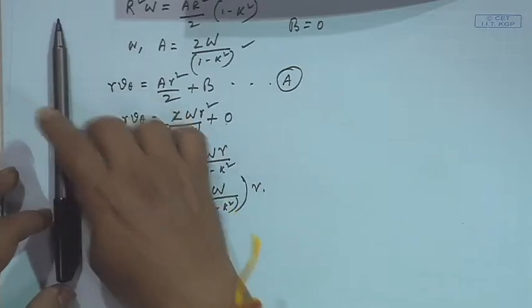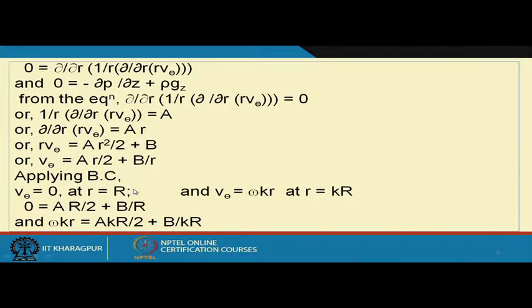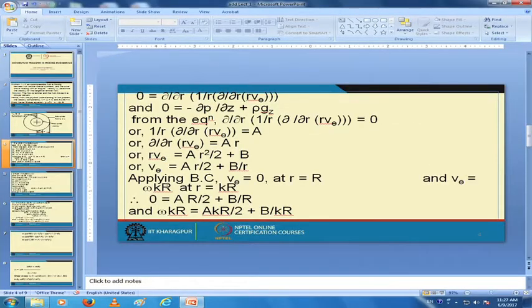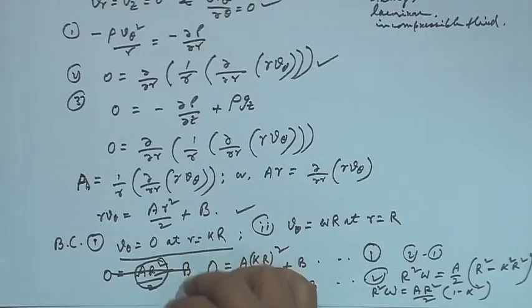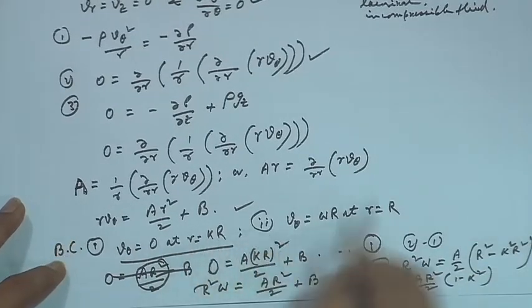So, let us also check whether we have the same thing. Boundary condition we change: v theta is 0, if you remember, at r equal to kR.